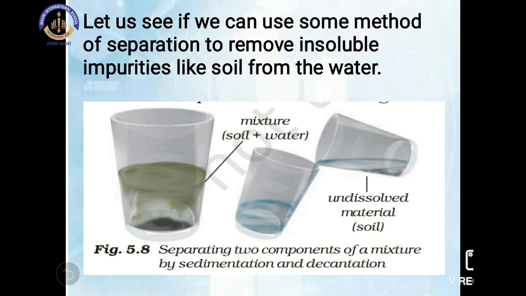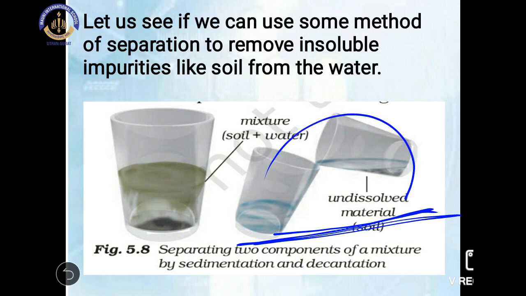You observe that the soil will settle down in the beaker or glass. After a few minutes we do the decantation process, which is shown in this picture. The clean water remains on the upper side, and the dirty or muddy water and soil settle down in the glass. So we pour the clean water into another glass.